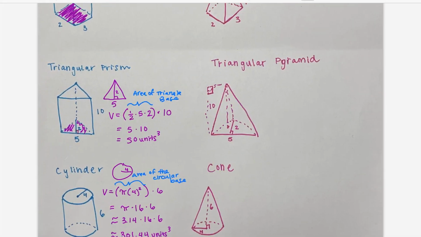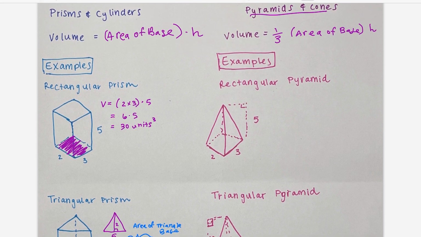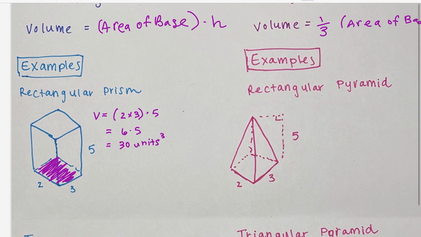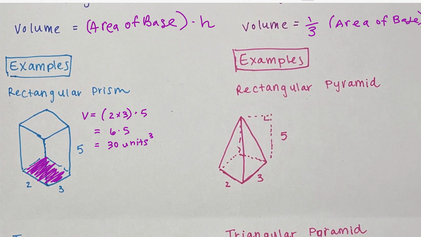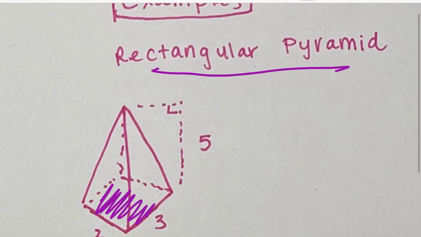All right. So now we're going to compare these with our formulas over here. If you notice, this rectangular pyramid and this rectangular prism have the same base, 2 times 3, and the same height of 5. So I'm going to write it out the full way.